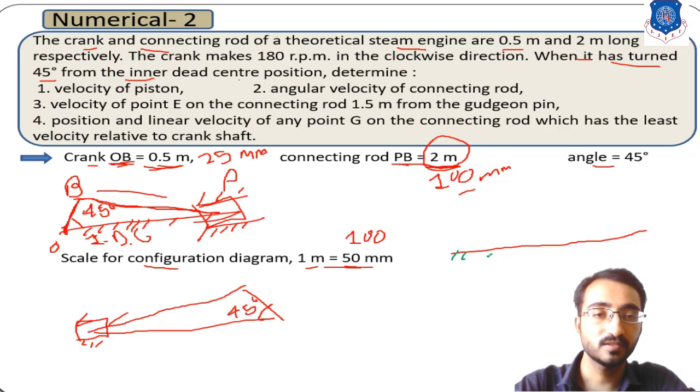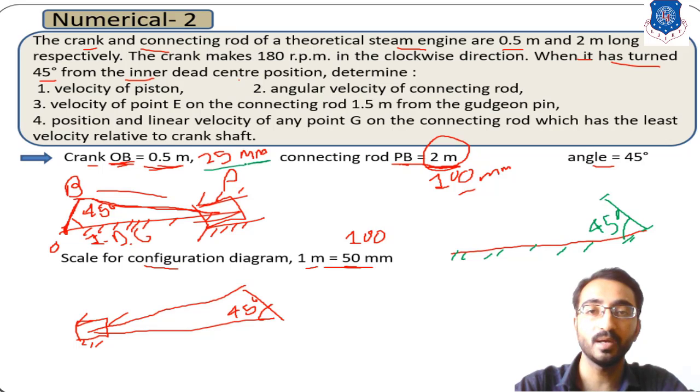With reference to this fixed line, if you consider your crank at this position, you have to sketch one line at an angle of 45 degrees, and the length of this line is 25 mm from the scale. So you have to sketch one line of 25 mm at 45 degrees.